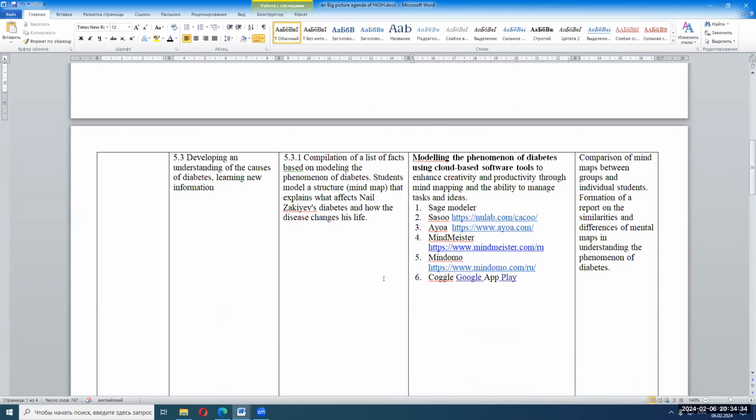Then developing understanding of the causes of diabetes, learning new information. Here we have modeling of diabetes using cloud-based software. There is a lot of software, including Sage Modeler, and the trainer can choose which is more convenient or more comfortable.